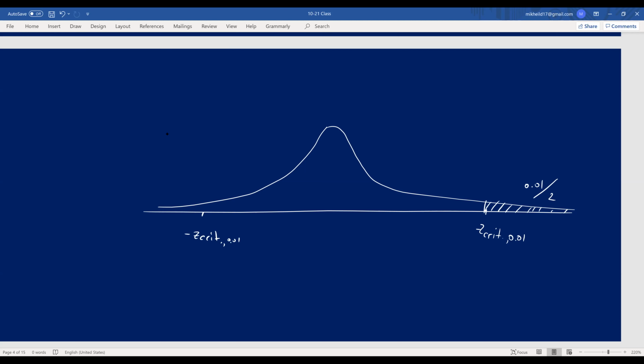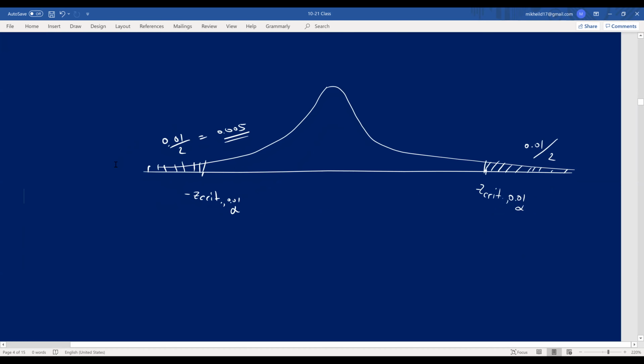People just say alpha two-sided, and they imply it's alpha, and that will be 0.01 divided by 2, which is 0.005. Do you agree with me?